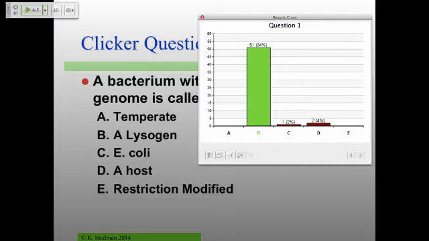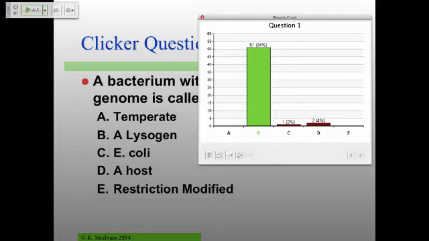And a host, actually it's probably not a host anymore because most of the time you have superinfection immunity, and certainly that's true for Lambda. And restriction modified, you had to have something to come up with for E, right? But the restriction modification, in fact, could be a reason that you're not going to have that provirus, or that the provirus actually can't get out. Because once a provirus is in the genome, it's going to get modified just like the host genome gets modified.